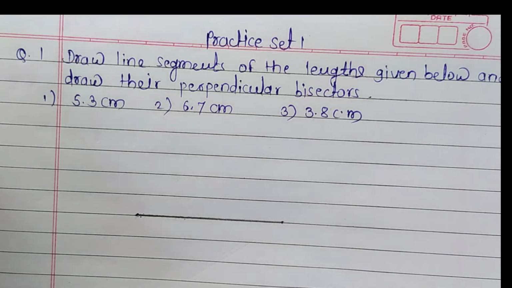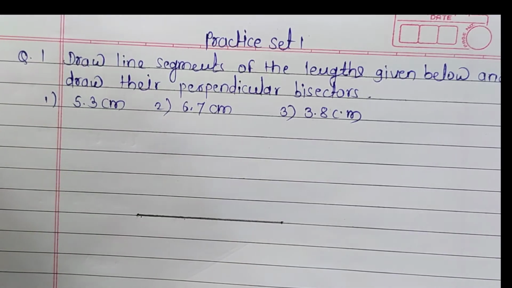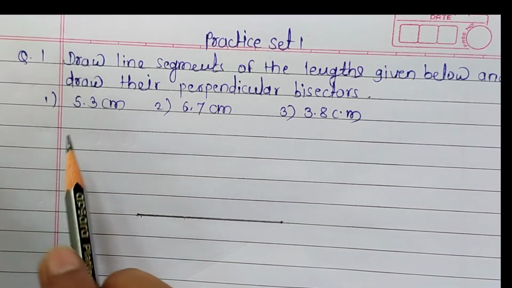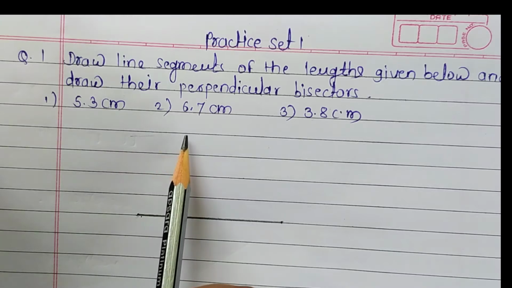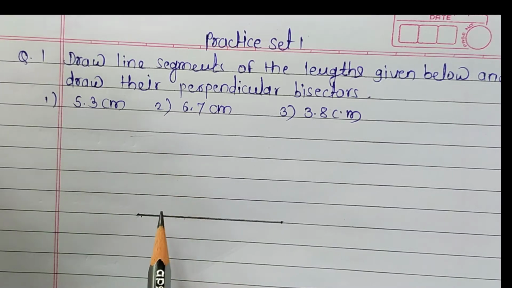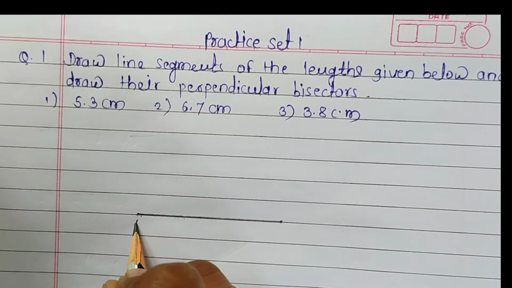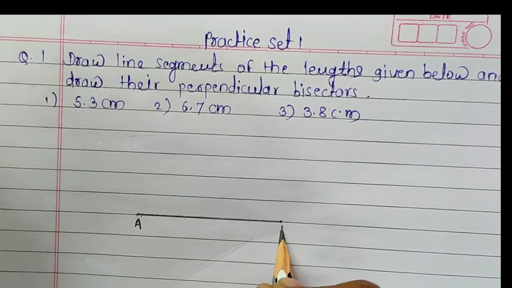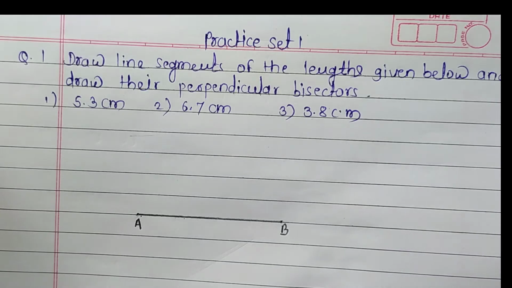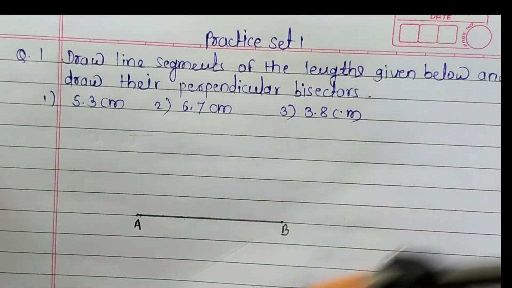Now the second step is to give it a name. Here the name is not mentioned, so we can give the name at our own choice. Let's give it A and B. Now take your compass.